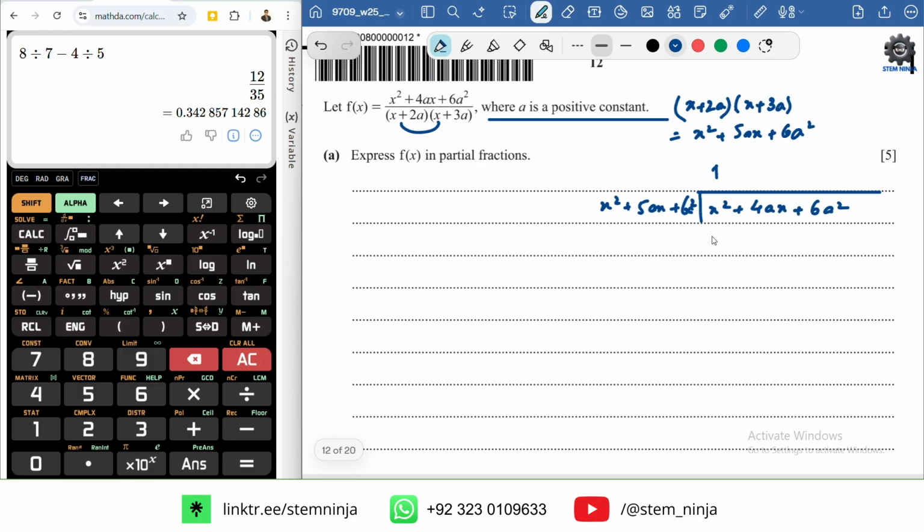Multiply this by 1, you get x squared plus 5ax plus 6a squared. When you subtract it, these two will get cancelled. You're only left with minus ax, right? So the f of x can be rewritten as 1 minus ax over x plus 2a x plus 3a.